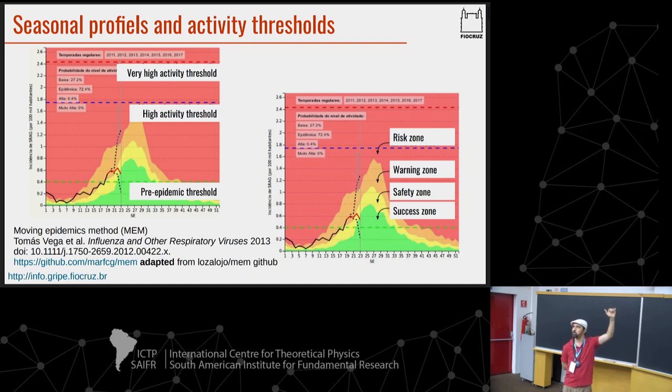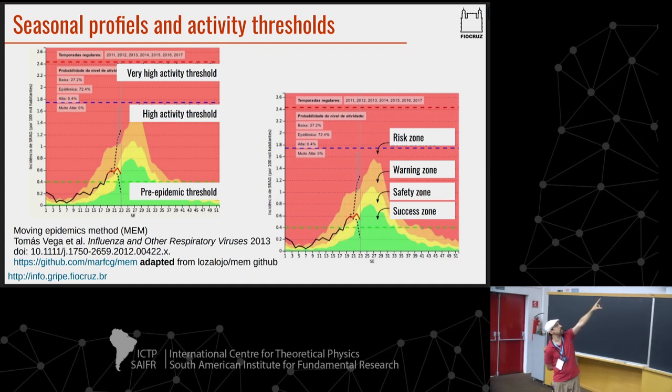That was used to classify the season itself, whether it was a regular season or too high or extremely high, right? We look at whether the high activity threshold or the very high activity threshold was crossed, okay?